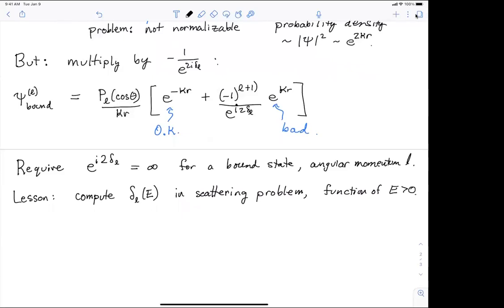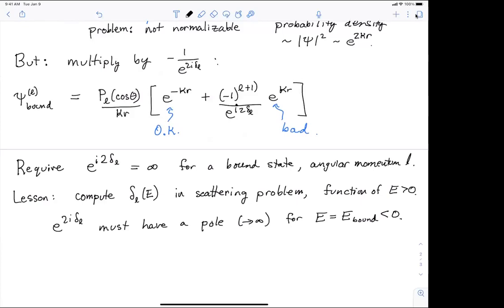Then the statement is that to have a bound state, e^(2iδ_L), which is also a function of energy, must have a pole, which is just another way of saying it goes to infinity, for E equals E_bound, which is less than 0. Okay, and so given a scattering amplitude, or even if we've measured the scattering experimentally, we can look at the function as it depends on energy and try to figure out where there should have been a bound state.